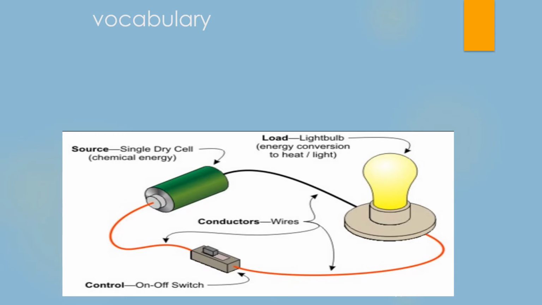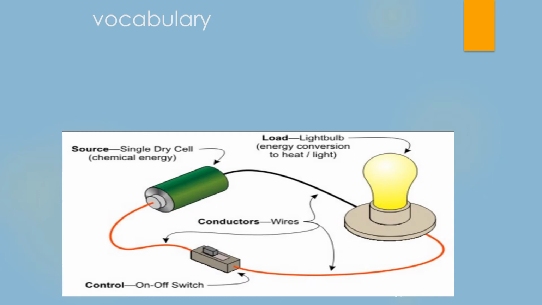Now, with a new word, let's look at this picture. Here we see on the left a green cylinder, and it's the source or single dry cell. And we have wires, black and red. The yellow thing on the right is a load or a light bulb. And on the left at the bottom, we have a control or on and off switch.